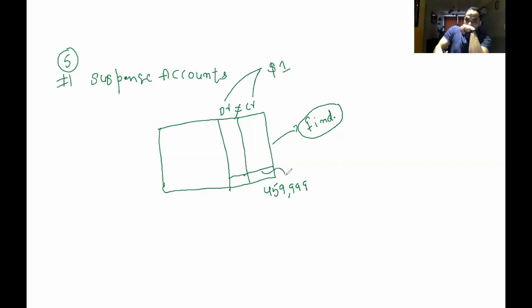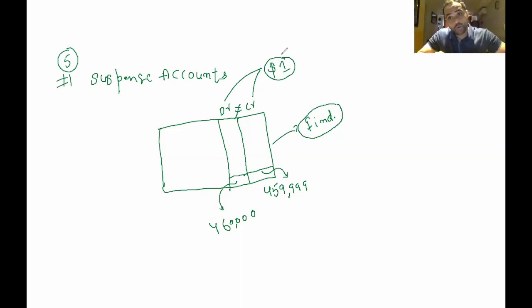This is the credit side, and this is 460,000, all right? So you can see that the difference is $1, all right?